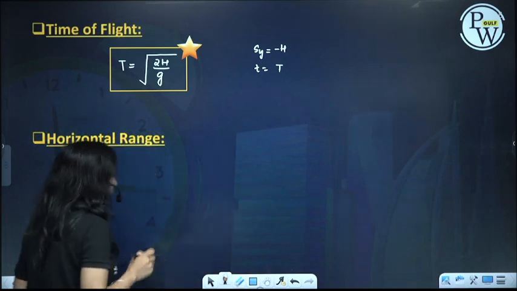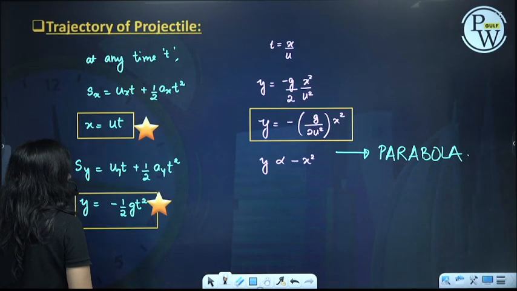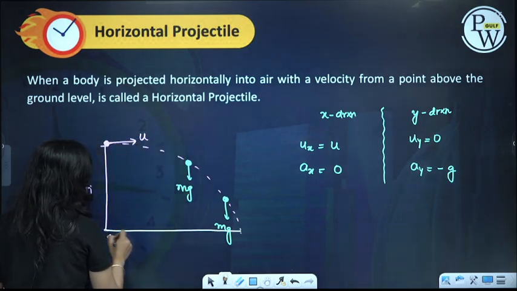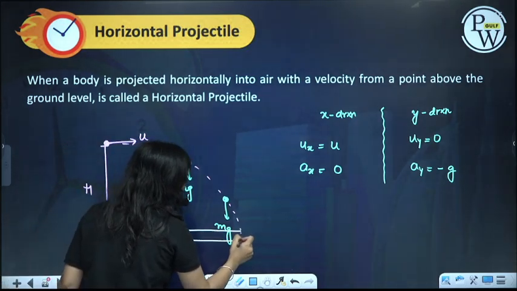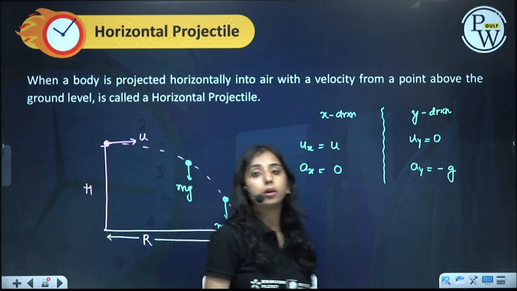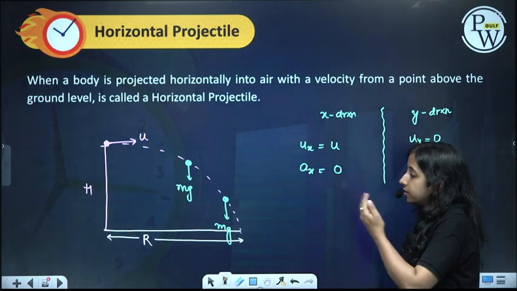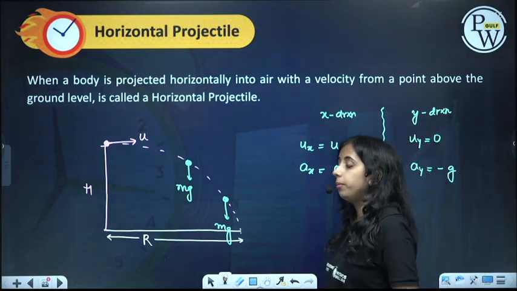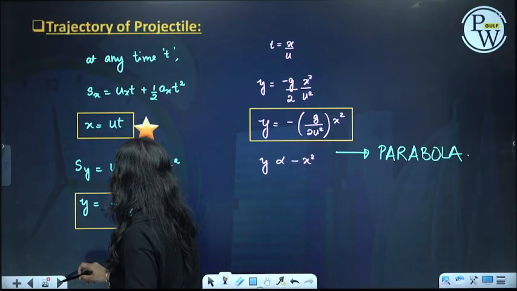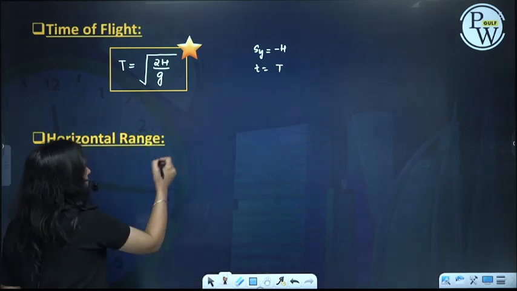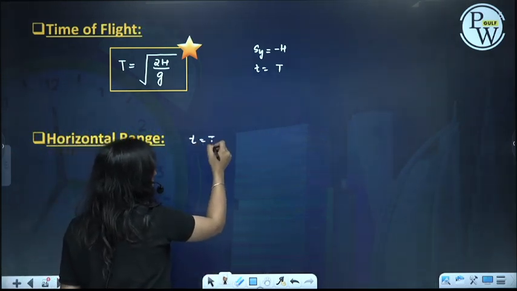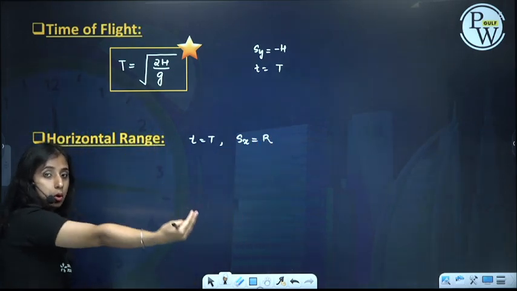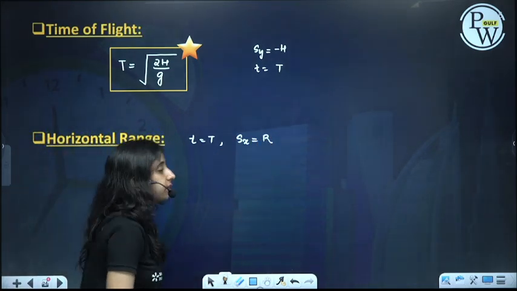Now what is horizontal range? This distance which the particle travels in the horizontal direction before coming to ground is called the horizontal range. In time t equal to capital T, sx is equal to R. From 0 it has gone to a distance R in the x direction.